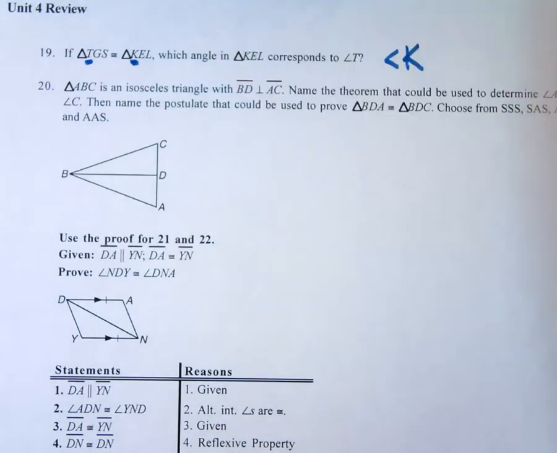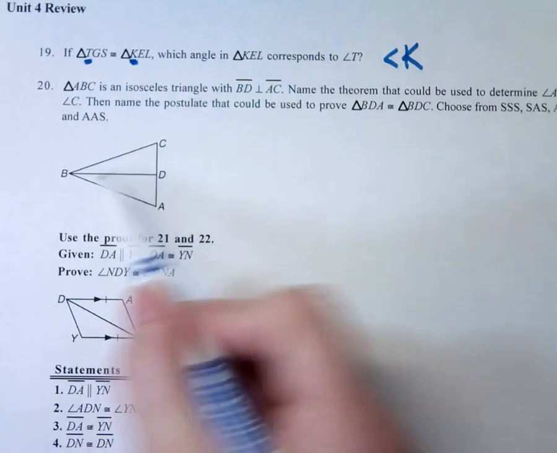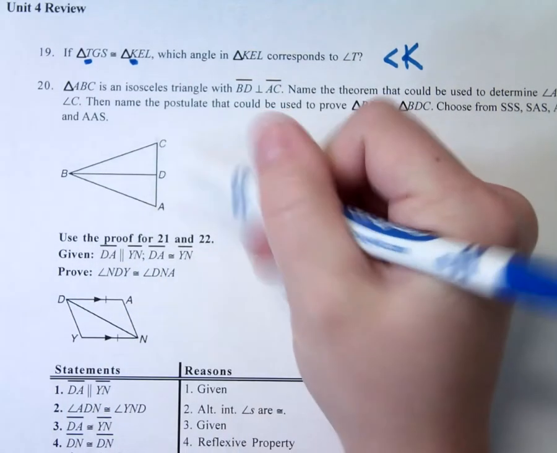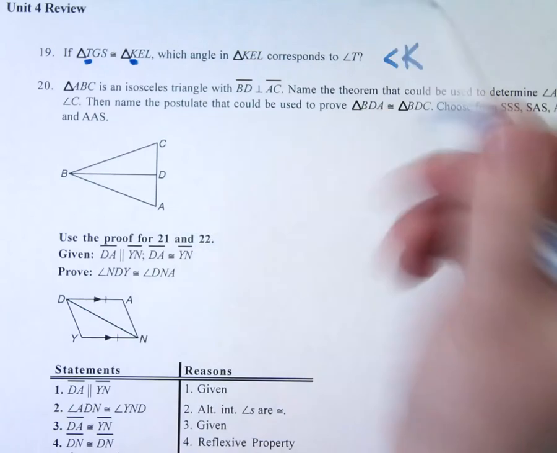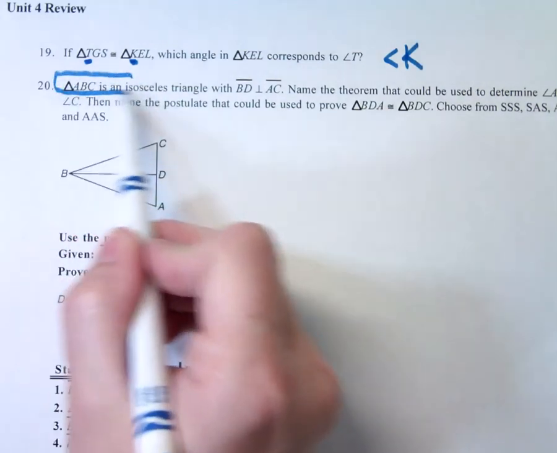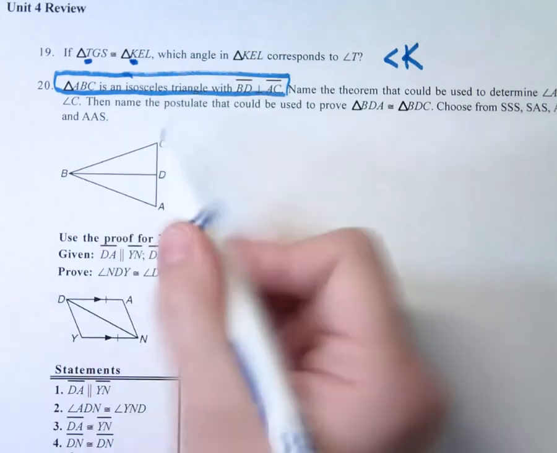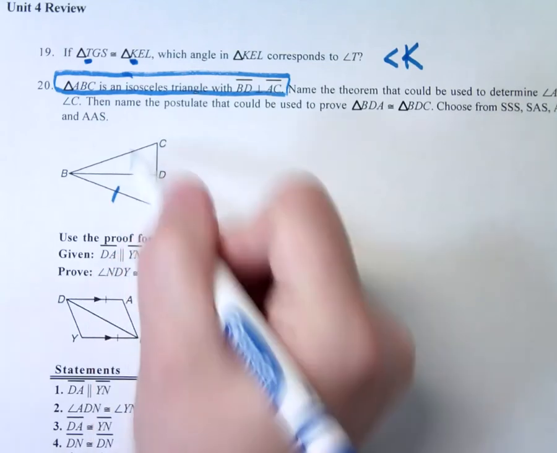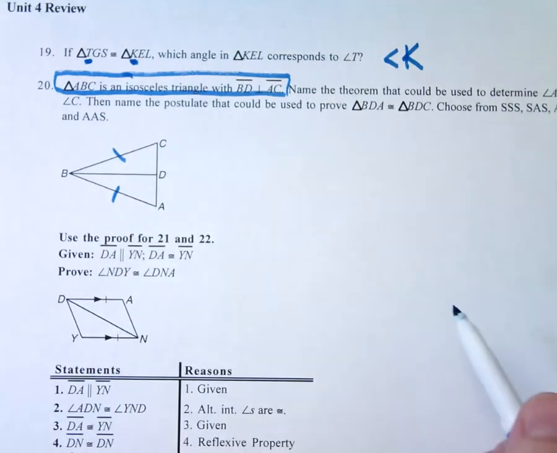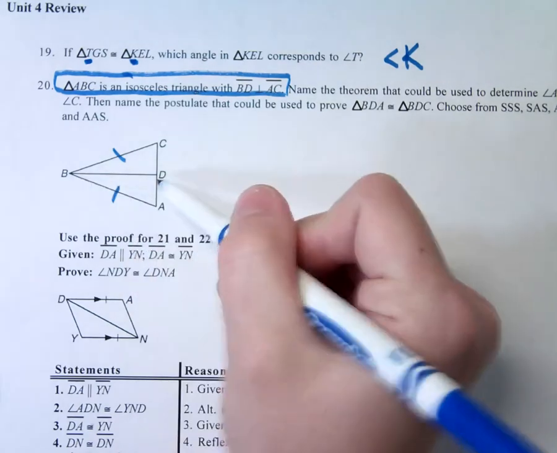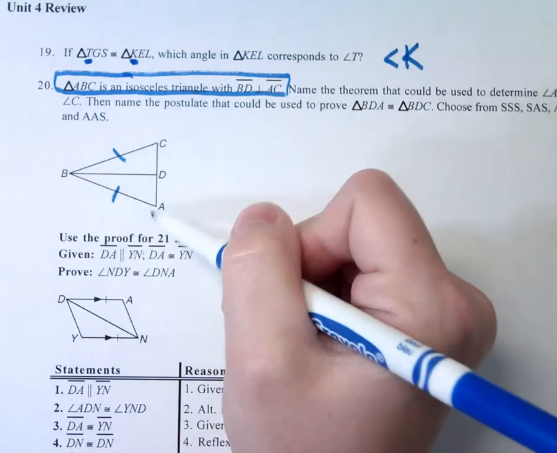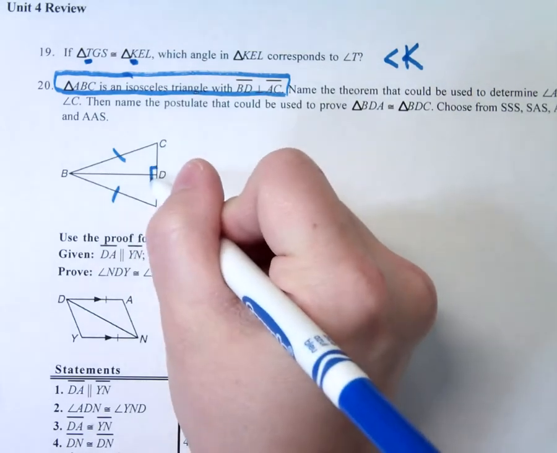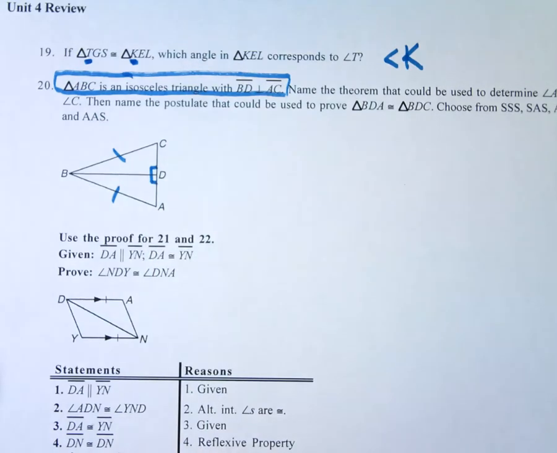Okay, number 20. Triangle ABC is an isosceles triangle with BD perpendicular to AC. So let's just talk about this first statement. If ABC is an isosceles triangle, I know that these two sides are congruent, and it says that BD is perpendicular to CA, so I know that we've got 90-degree angles down here.